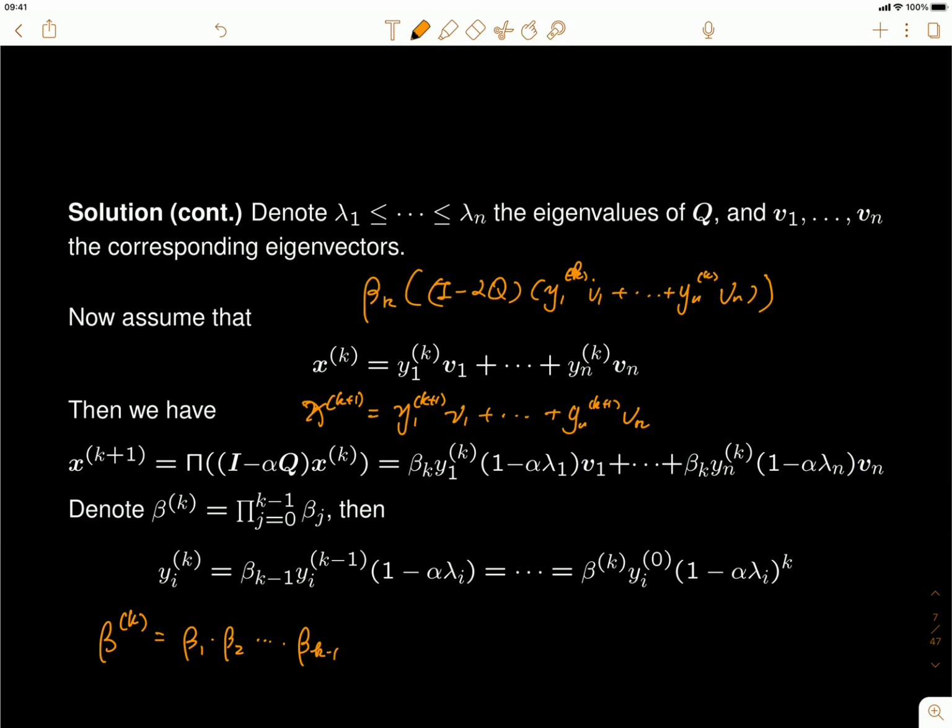So for example, the first one, if this is just equal to y1k plus 1, then let's say we reduce k by 1, then the y1k should be, just repeat this since this is equal. So we know the y1k will be equal to beta k minus 1 times the y1k minus 1 times 1 minus alpha lambda 1.